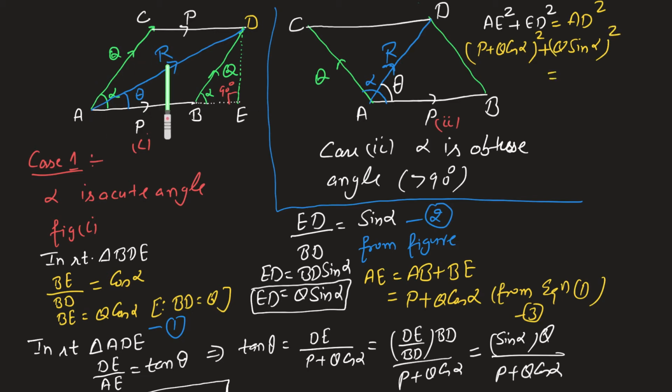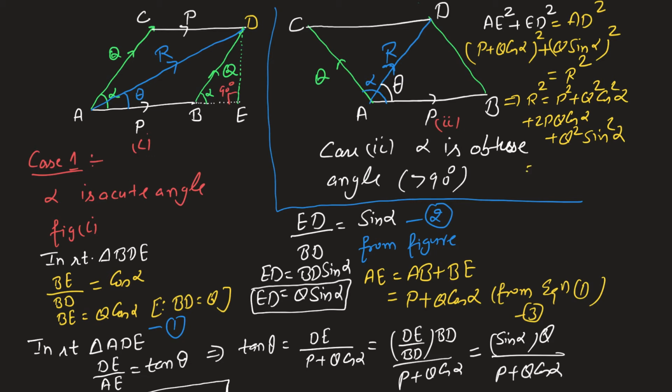AD is the resultant R, so it will be R square. So this implies that R square is equal to P square plus Q square cos square alpha plus 2PQ cos alpha plus Q square sin square alpha.